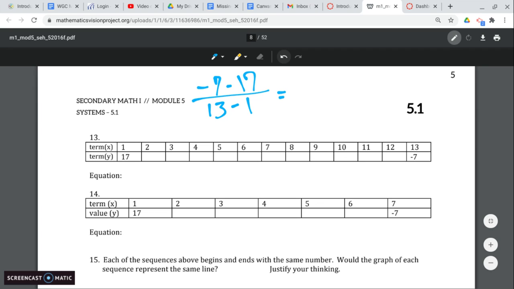If we take that -7 and subtract 17 from it, we get -24. And 13 minus 1 gives us 12. When we divide this, we get -2.